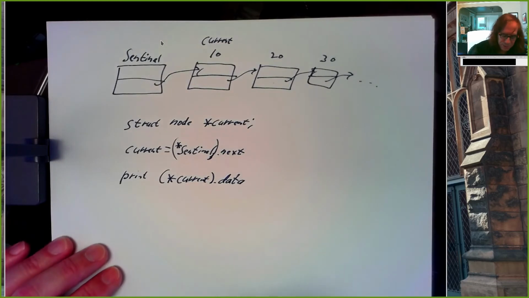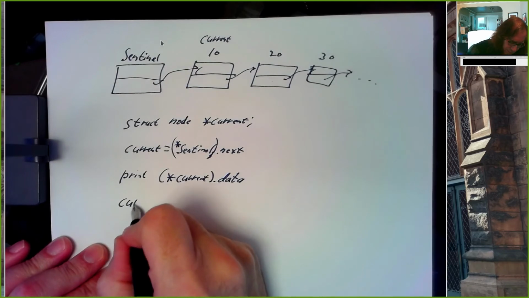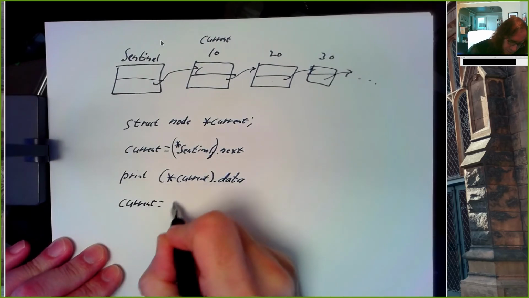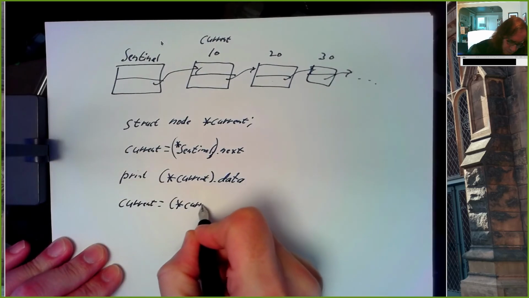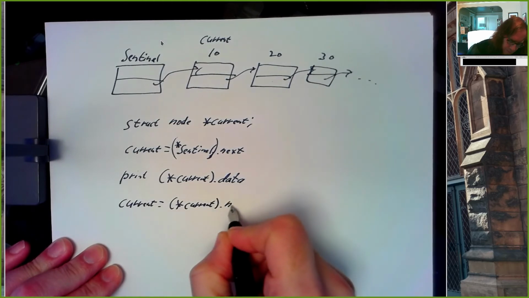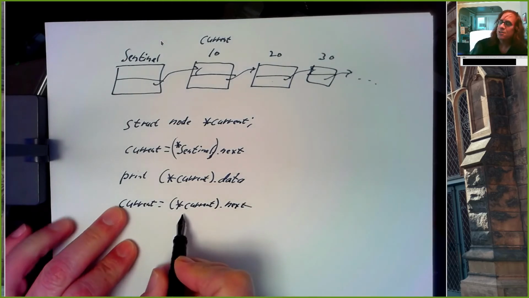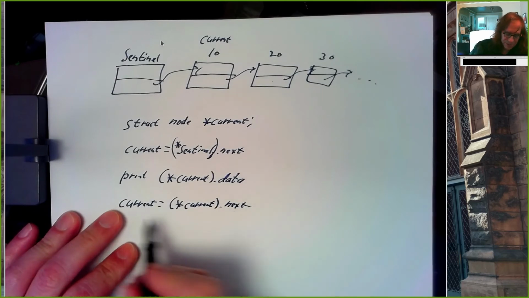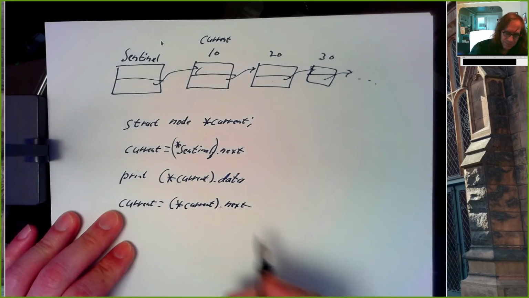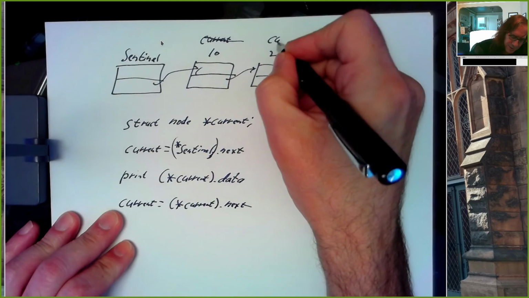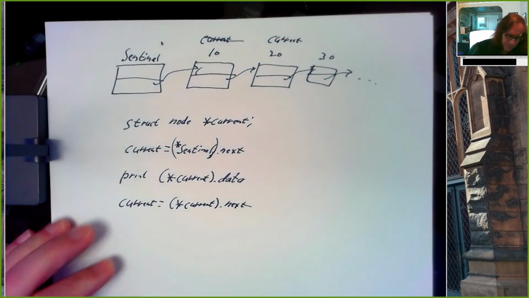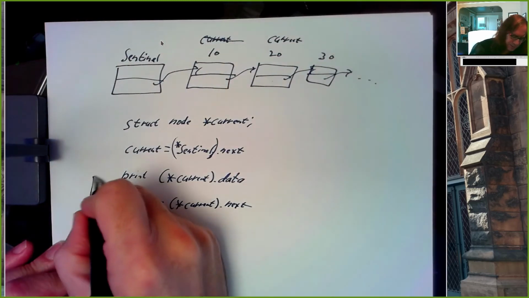And then how do we move down the list? Take the thing current points to, grab the next field, set current equal to that. And that's going to make current look like this. And then go back up here.